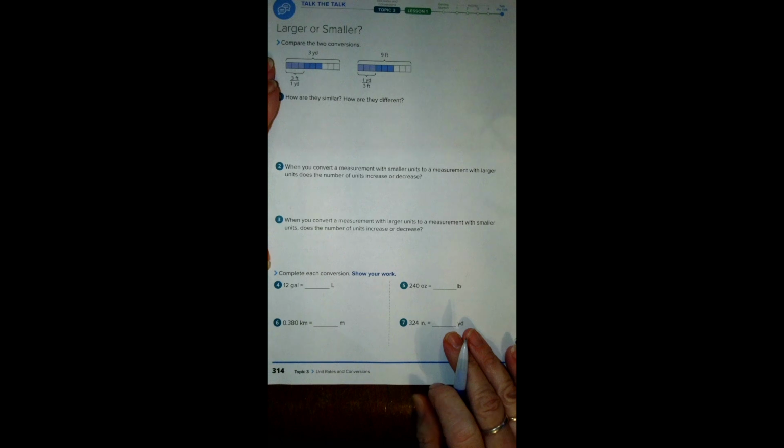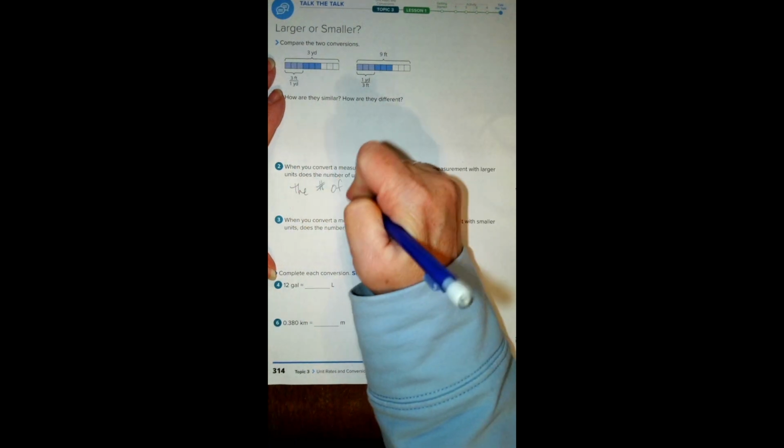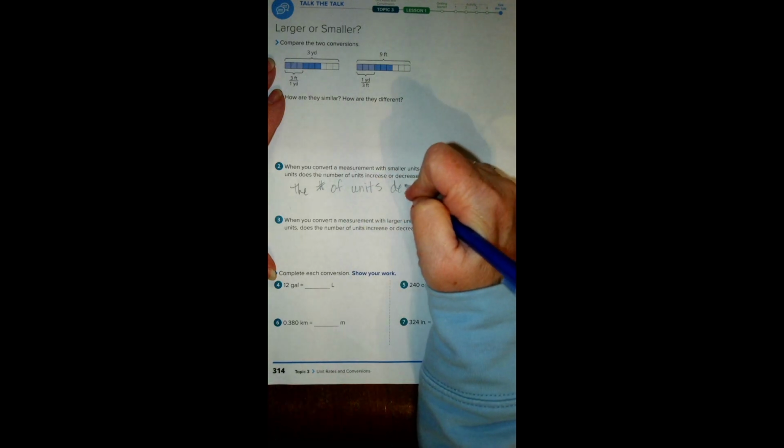When you convert a measurement with smaller units to a measurement with larger units, does the number of units increase or decrease? So when you're going from a measurement with smaller units to a measurement with larger, the number of units decreases.